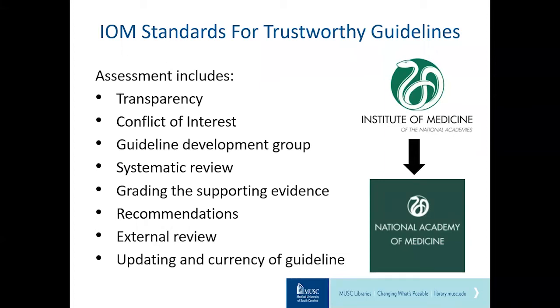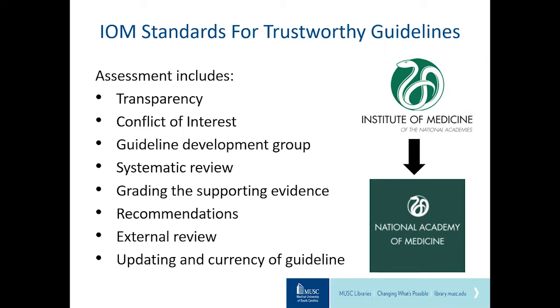Transparency, which is related to how much detail guideline issuers provide on exactly how the guideline was developed. Conflict of interest, which relates to the expert group developing the guideline and other interests they may have. Assessment of the development group itself.